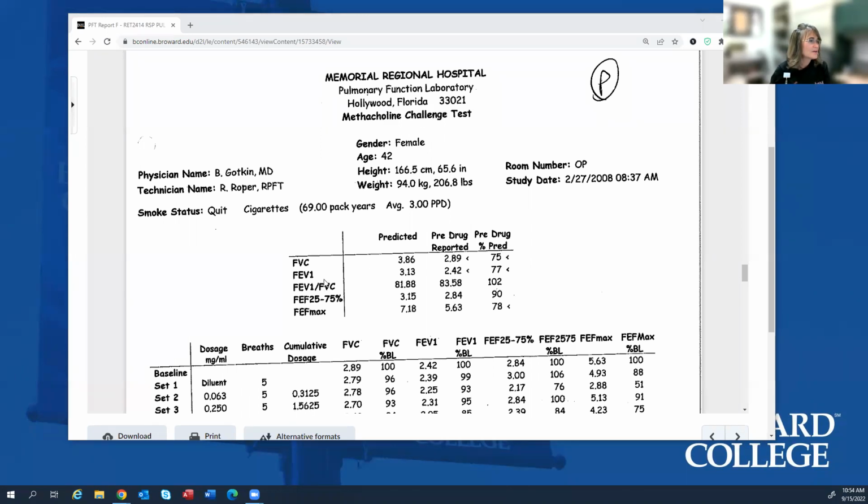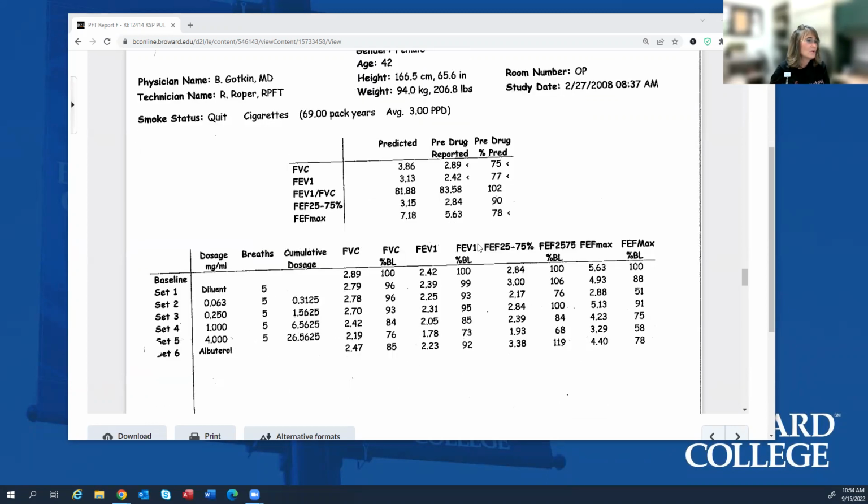So this person started off with FEV1 over FVC showing 83.58%. That's good. So is everything normal? Well, let's see. If we give methacholine in different dosages, does it cause a bronchospasm to occur? And then can we reverse it with albuterol? So we're looking for the column that's FEV1%.